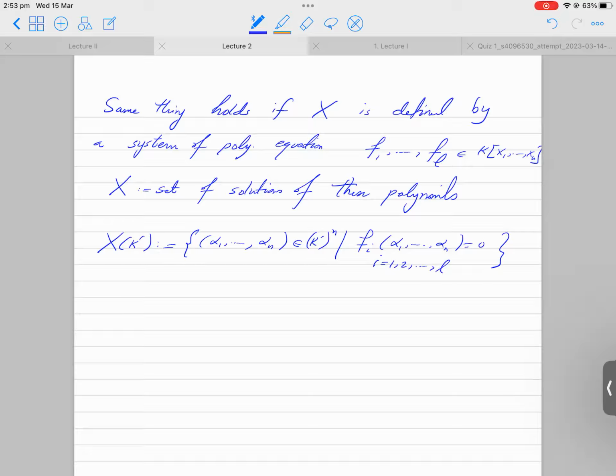And if we are over a finite field, we can of course count the number of such rational points. So if K is equal to F_q, then set N_m to be the number of solutions to our system of polynomial equations over F_q to the m.